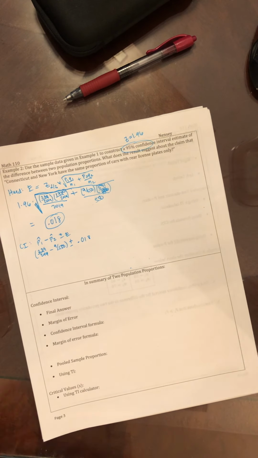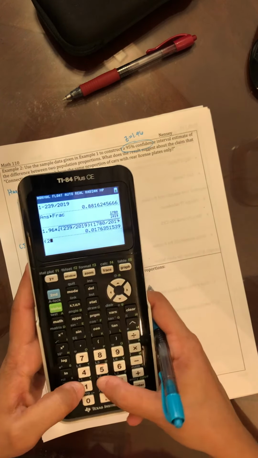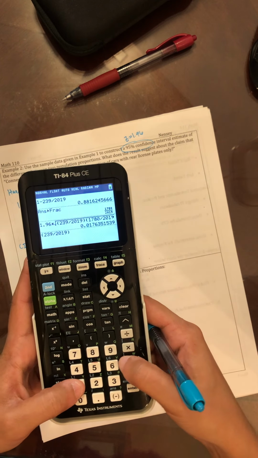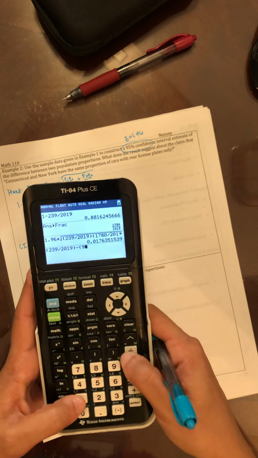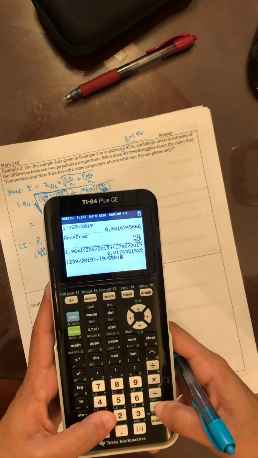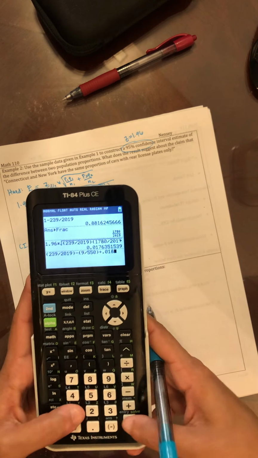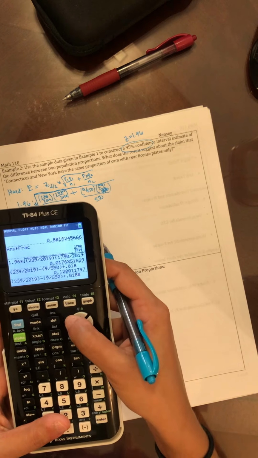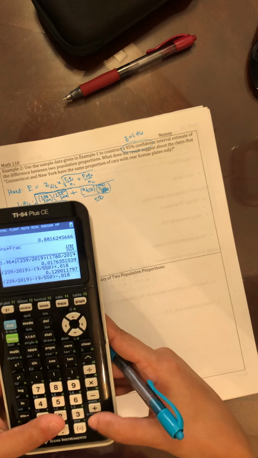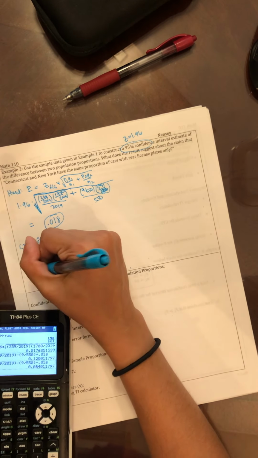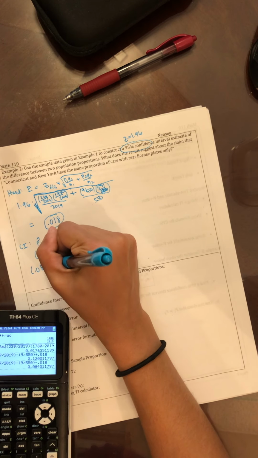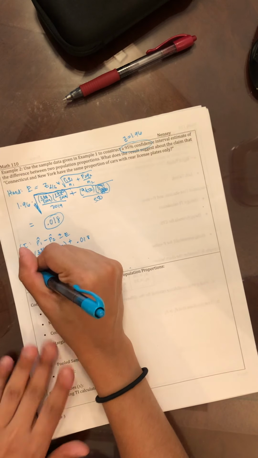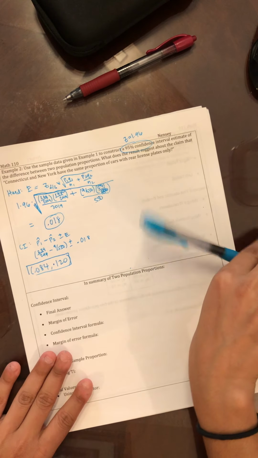So I'm going to do 239 over 2019 minus 9 divided by 550, plus 0.018, and that gets you your upper. To get your lower, I'm going to do a trick and just change this to a minus, and I'm going to get 0.084 and then 0.120. And this is my confidence interval. This is by hand.